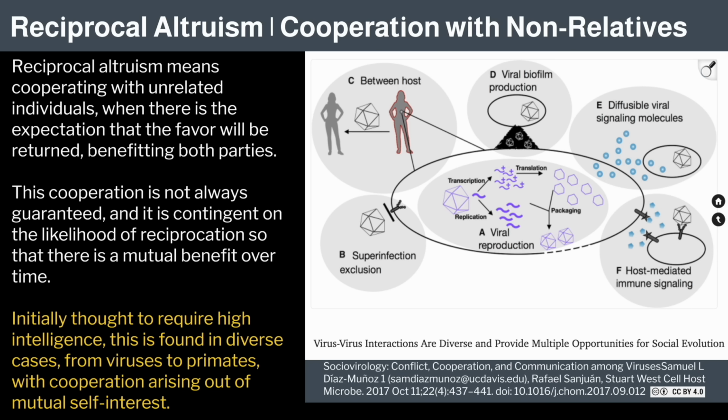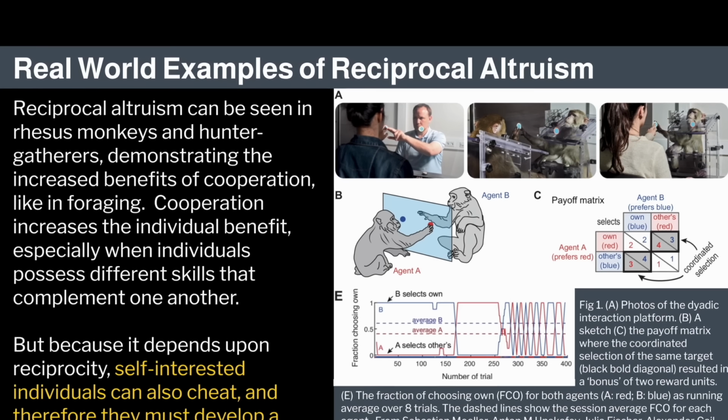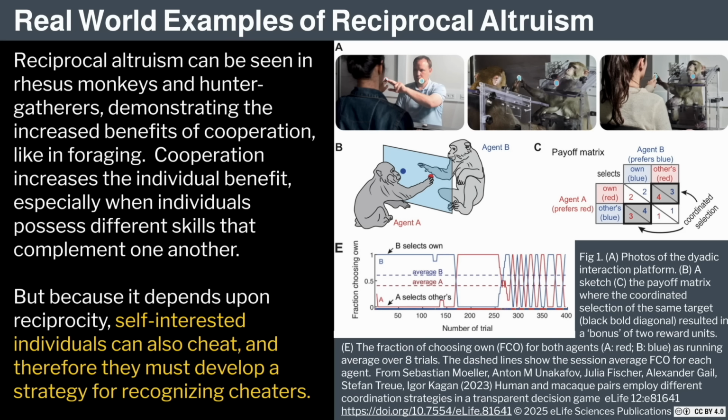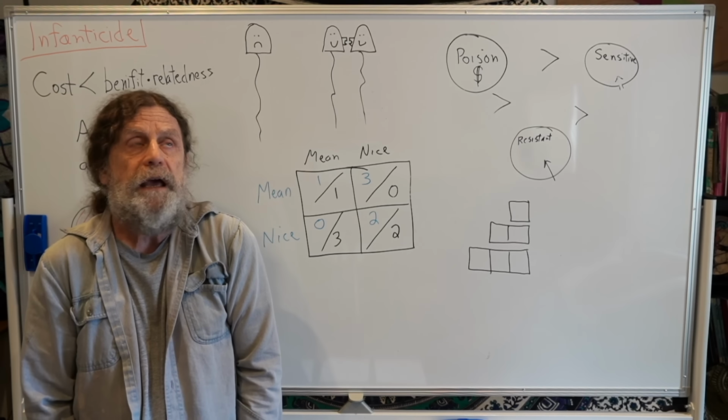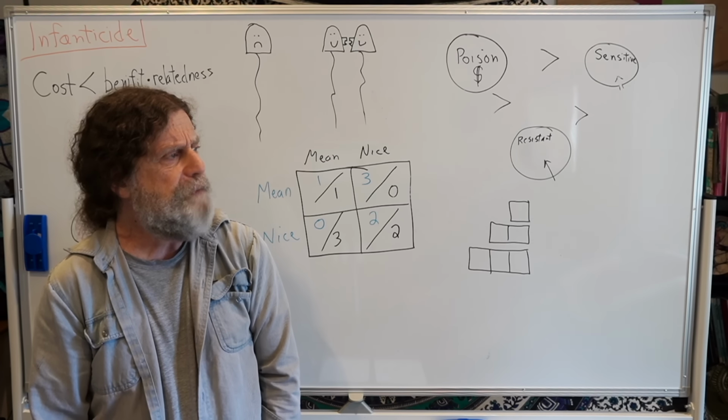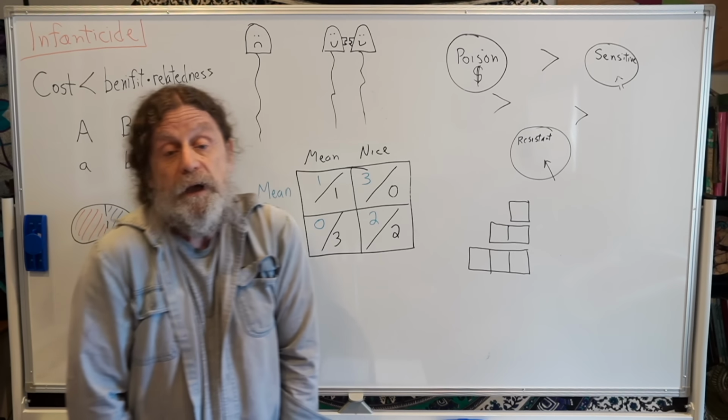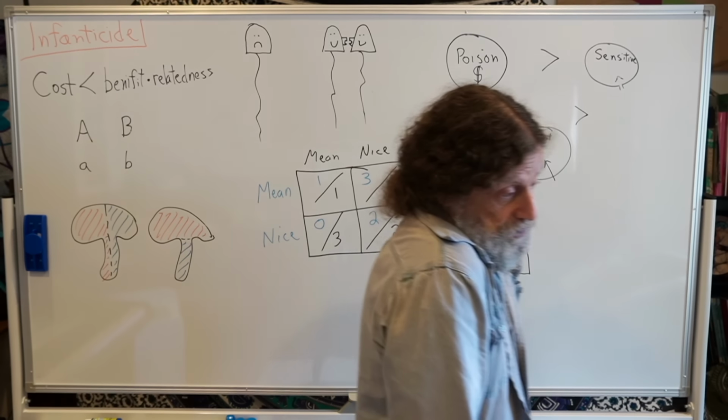You see that with rhesus monkeys that cooperate in looking for food, each individual winds up getting more food than if they did it on their own. Hunter-gatherers, cooperative hunting greatly increases likelihood of success. Many hands make the task light, whatever. Yeah, cooperating is really good.